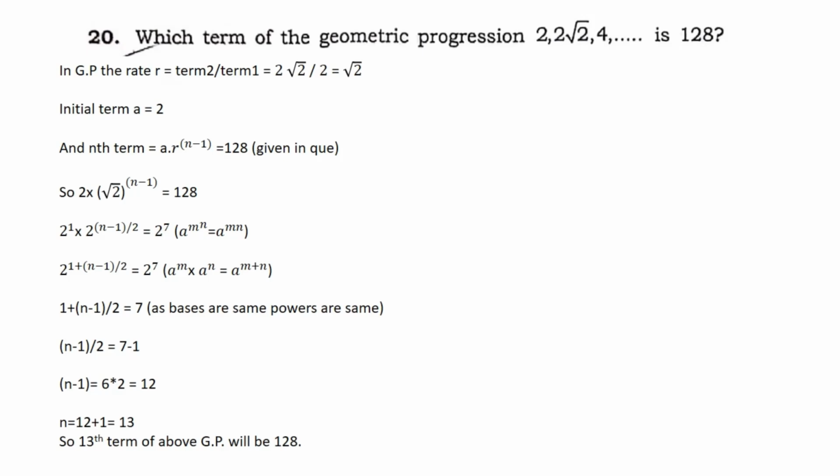So the nth term formula is a into r power n minus 1, and the nth term we need is 128. By solving the equation as shown in the video, we can get the value of n as 13. So the 13th term of the above GP will be 128, right?